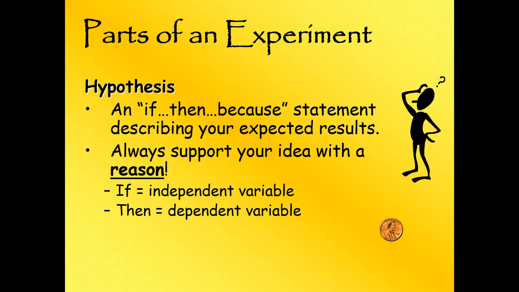After the word then, you tell your reader the dependent variable you are testing. So it's set up to say, if we test this, then this will happen. And finally, after the word because, you state your reason why you think your if will determine the results of the then.